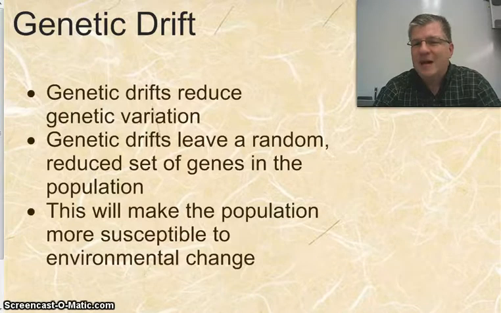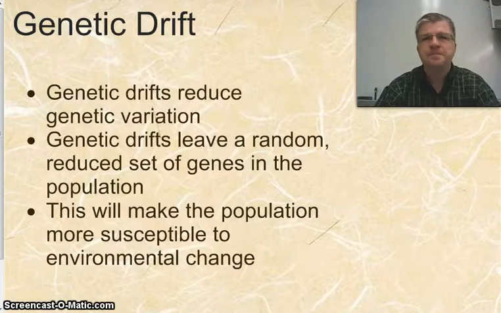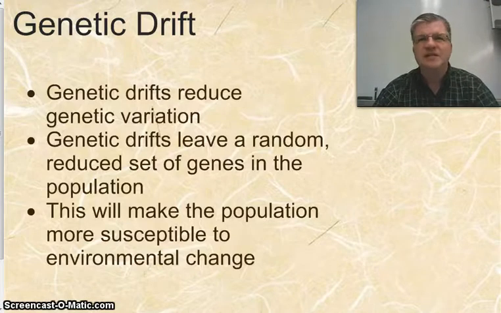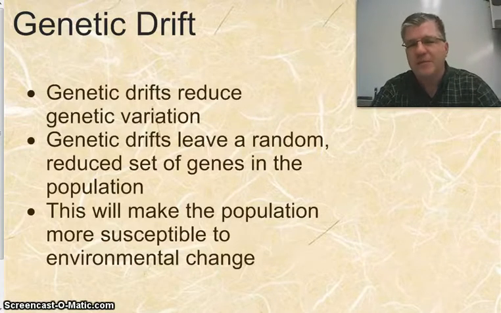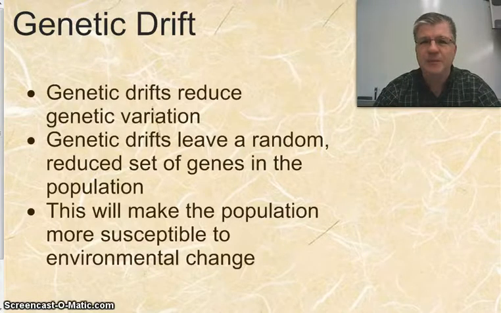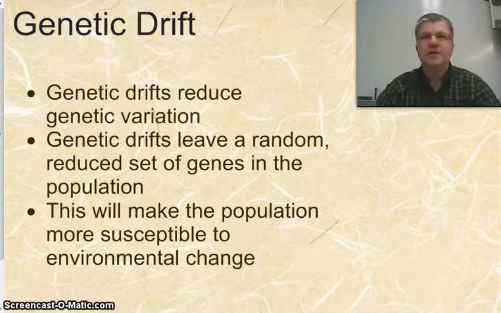Now, anytime you reduce variation, you leave the remaining population more susceptible to change. Let's say we have a bottlenecking event with humans on Earth, and we somehow wipe out, let's say, 6.5 billion people. We're left with about 500 million people on Earth. Well, after that bottlenecking event, there may be another event, something like a disease that comes through and wipes every surviving human out.